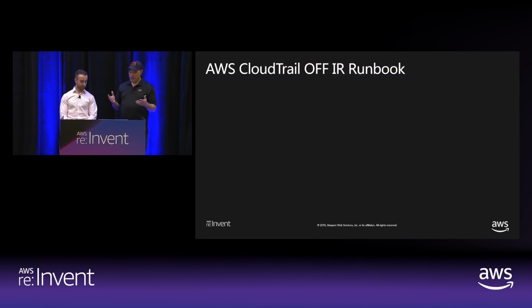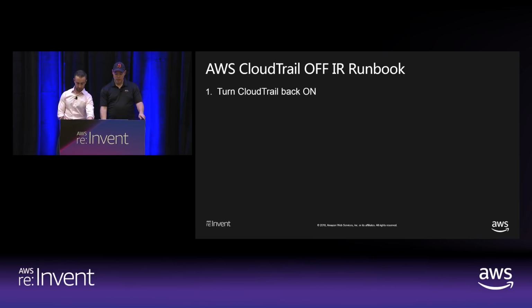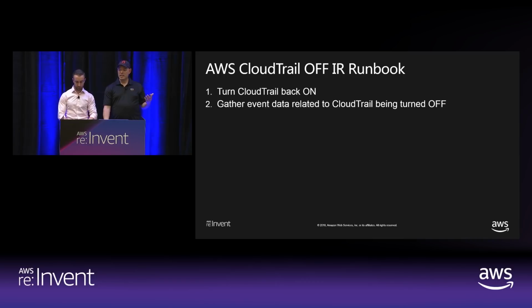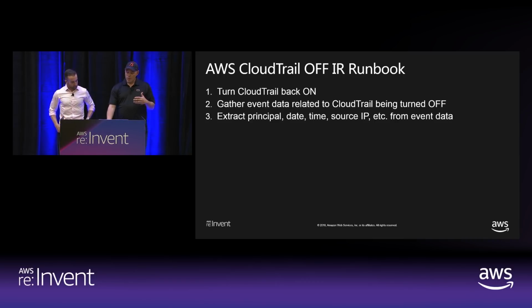Nice. So here's a runbook of what actually happens when we're detecting AWS CloudTrail as being turned off. We have an incident response runbook for dealing with that. The first thing that we're doing is turning CloudTrail back on. We're going to gather event data that's actually related to this event. We'll also extract the principal, the date, the time, the source IP, and other event data.